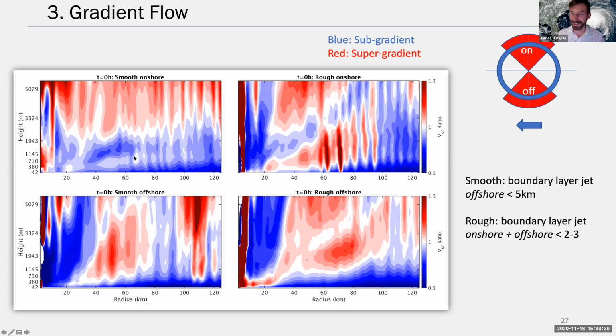And so in the smooth case, we see this supergradient boundary layer jet develop, especially onshore. The supergradient jet is a lot higher in the smooth case, but for the rough case, yeah, we do get this really strong jet developing.